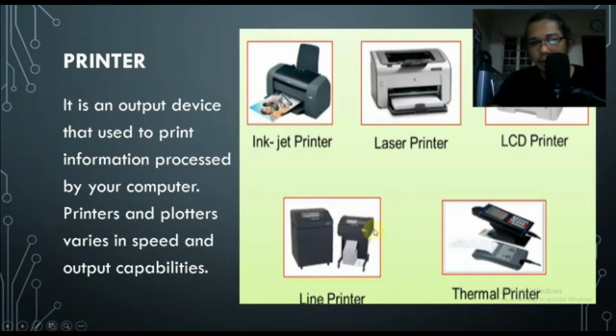Pag nakakita kayo sa mga botohan, makakita kayo na line printer. Sa NASA and sa weather, meron kayo dito kasi yung pag-detect ng earth, ng movement ng mundo, o yung parang earthquake detector nila, gumagamit sila nito. Okay, and the thermal printer.